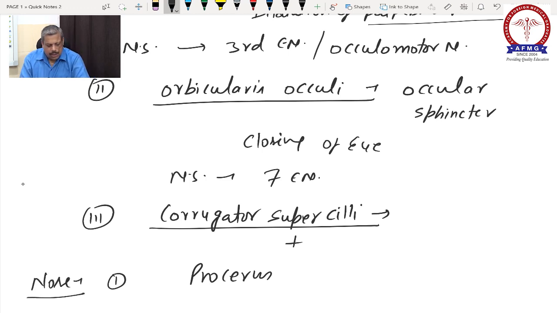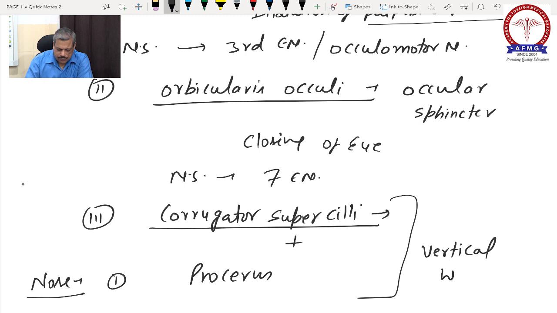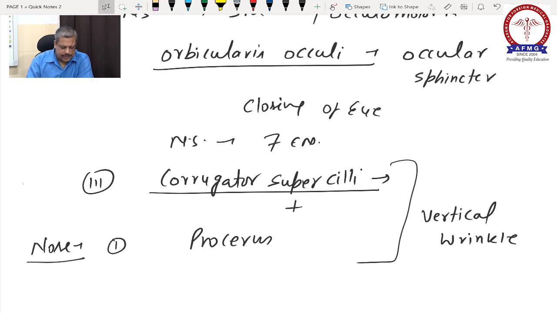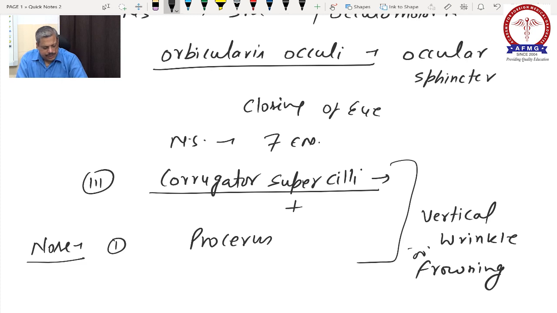So these are the muscles of two different regions, the muscle of the eye and the muscle of the nose, corrugator supercilii and procerus. What do they cause? They cause vertical wrinkles in the forehead. And this vertical wrinkle is known as frowning. Clear? So frowning is done by corrugator supercilii and procerus.